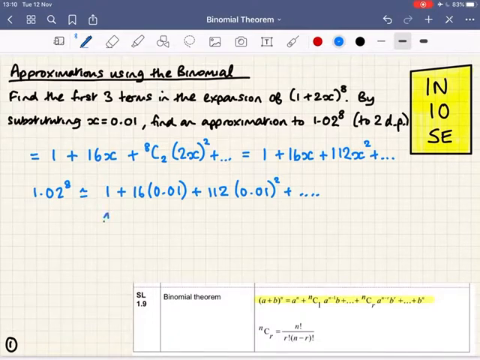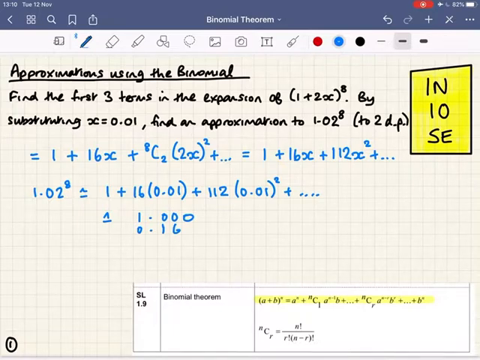So I've got 1.000. I'm only going to write to three decimal places because I'm rounding to 2. 16 times 0.01, well, multiplying by 0.01 is the same as dividing by 100. So I'd end up with 0.16, and then 112 times 0.01 squared, that's dividing by 100 twice.